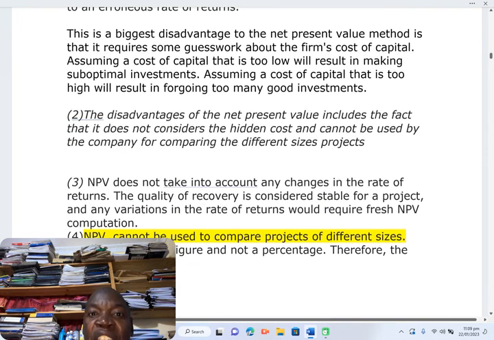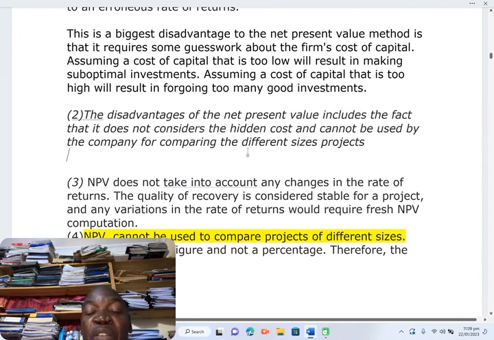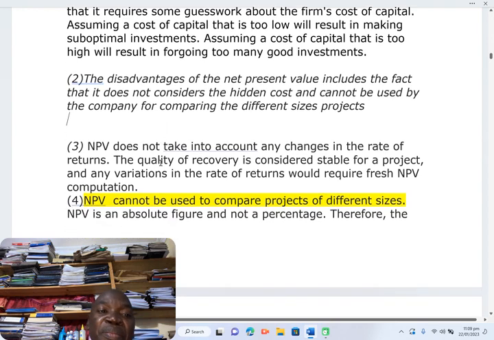Number 2, the disadvantage of NPV includes the fact that it does not consider hidden costs and can't be used by the company for comparing different projects of different size. Once the projects are of different size, this method cannot account for this problem.